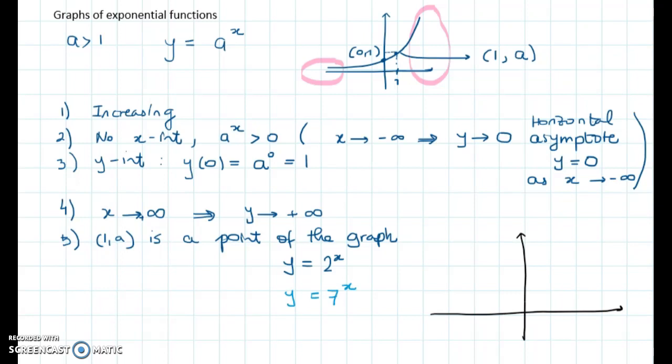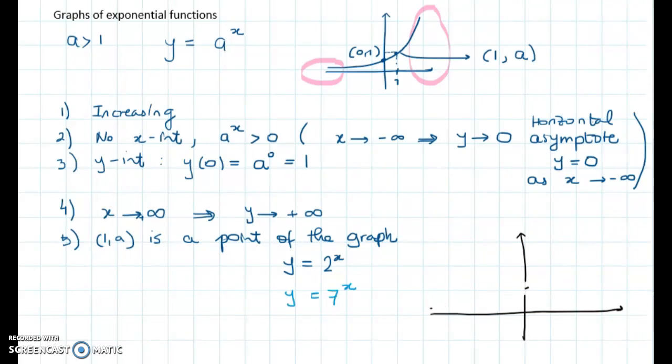We know the y-intercept. We know what happens towards minus infinity, what happens toward plus infinity. But how do you know which one corresponds to 2, and which one corresponds to 7? They have the same shape, but how can we distinguish them? Well, let me fix this a little bit. This wasn't very good.